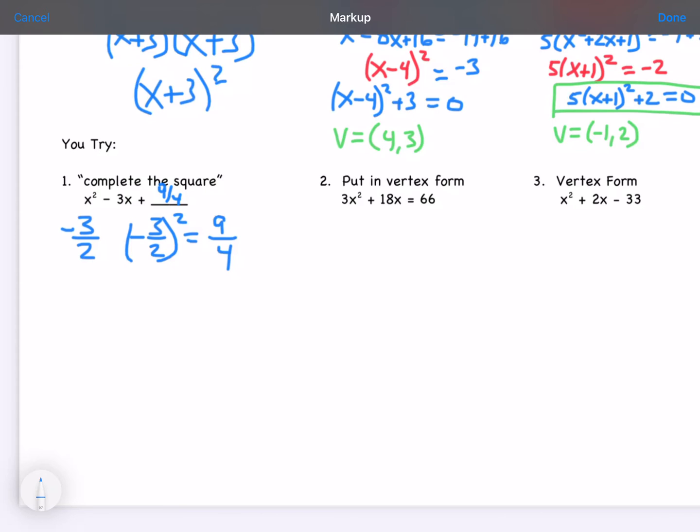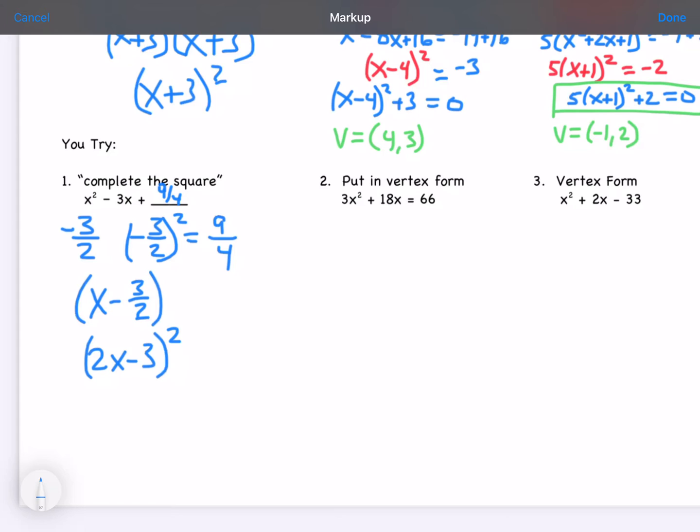If we were going to write it, we would have x minus 3/2, but we never want to put that in like that. So we would say this is actually 2x minus 3 squared.